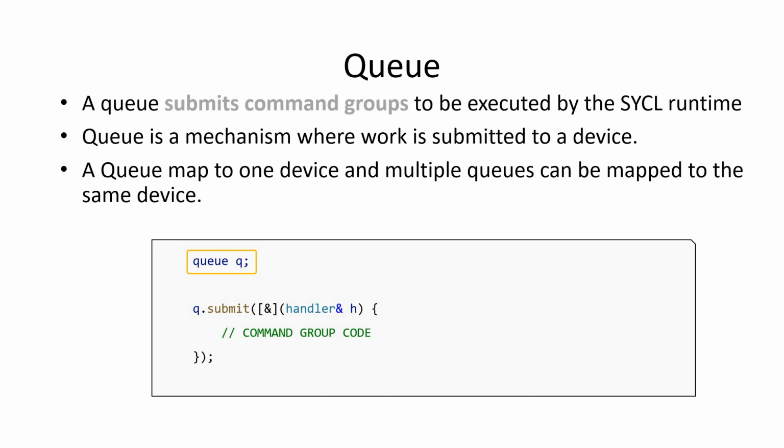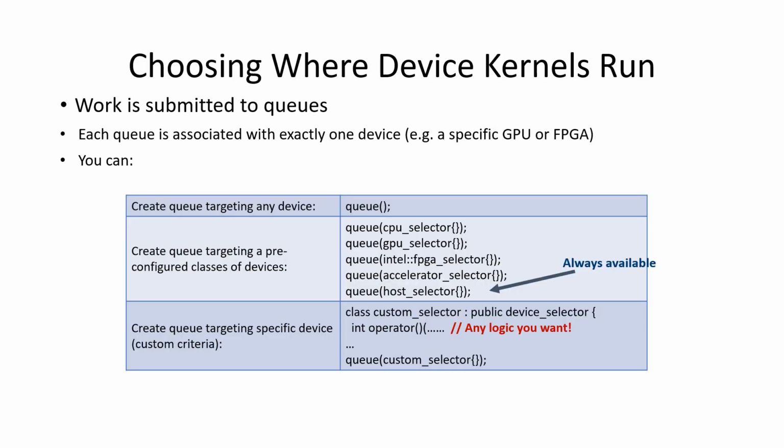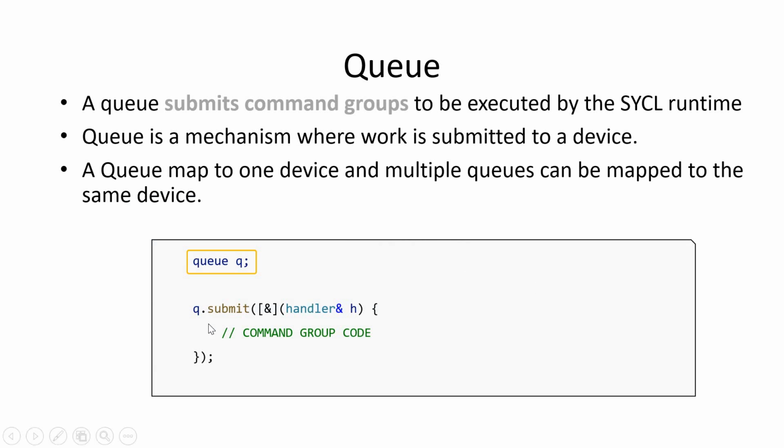Now, one queue maps to one device, and multiple queues to one device mapping is also possible. Command groups are submitted using the queue.submit option. You can see that here we have the queue.submit option available and it's going to help you. This is very important, and every code that we are going to see will have a queue. So anything and everything that you do with SYCL or DPC++, you will have this queue playing a major role.